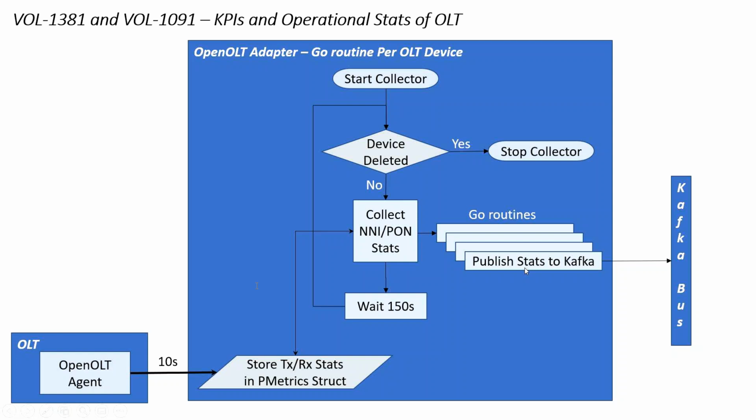Whenever the device gets deleted, the collector will be stopped. Currently I'm collecting NNI and PON port stats, where the TX, RX packets and bytes parameters will be collected for now. Going forward, we will be adding thermal stats and further statistics, which will be part of the similar framework.